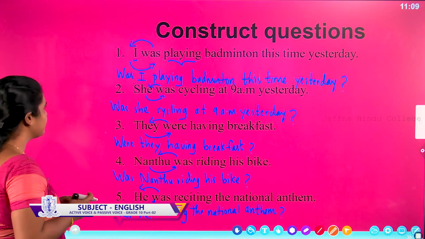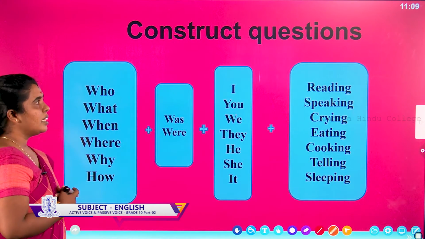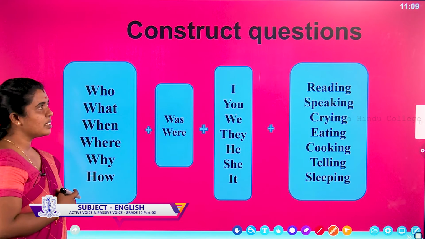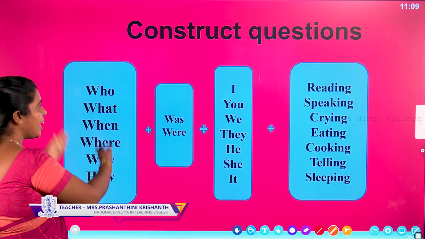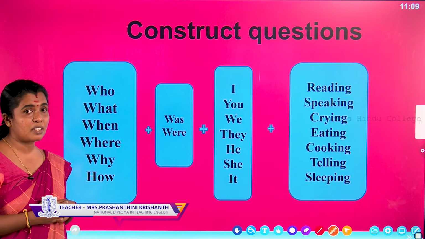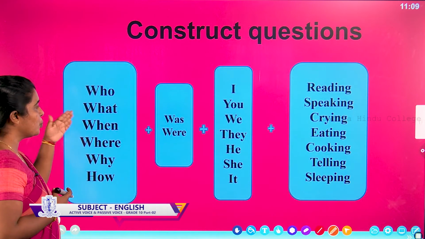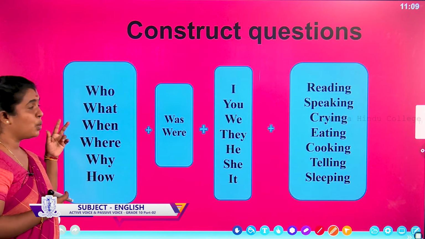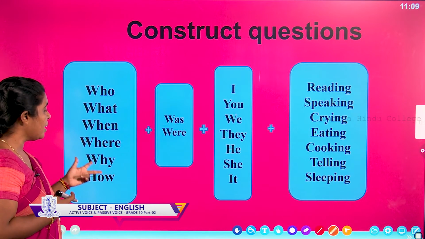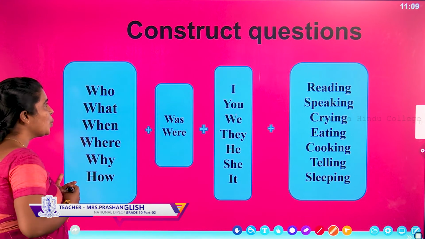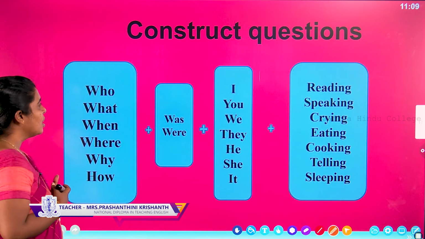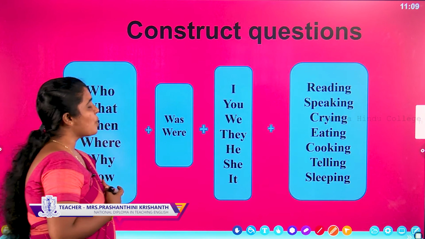Next one, another activity for you, construct questions. So here they have given question words, right? What are the question words given for you? Who, what, when, where, why, how, right? Next one, was, were, right?